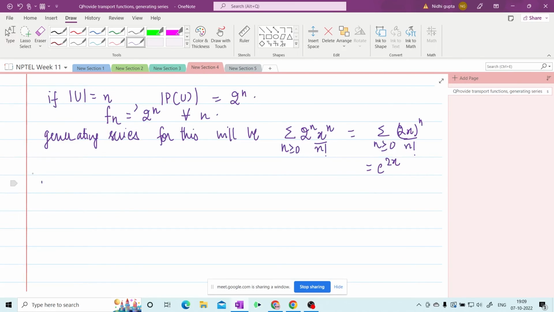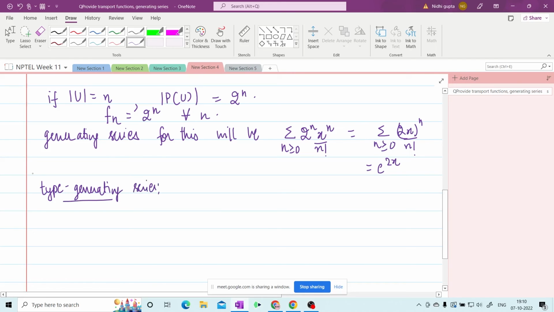Now we also have to find the type generating series. Type generating series means that, suppose my set U is {A1, ..., AN}.